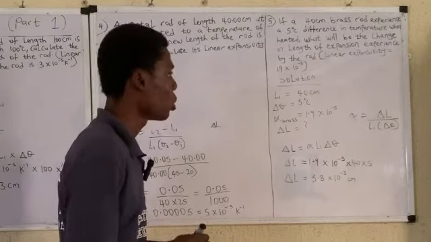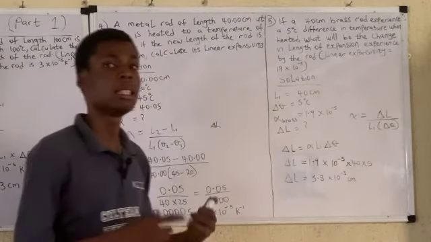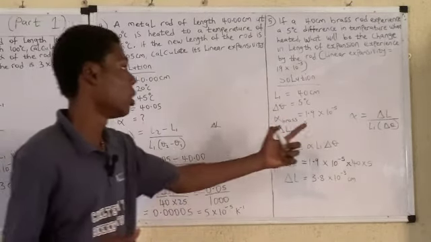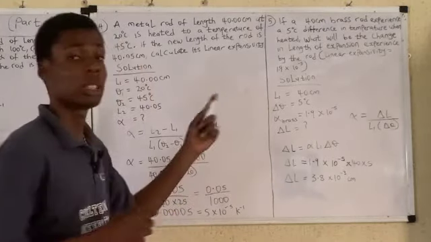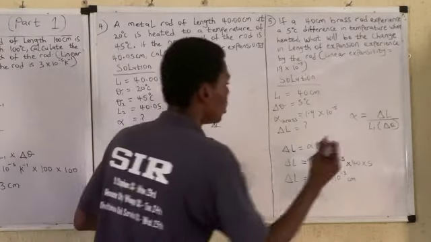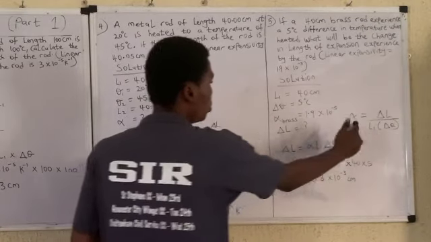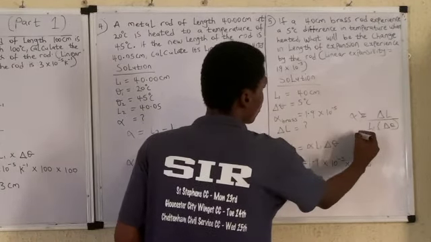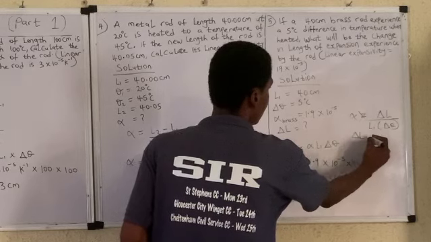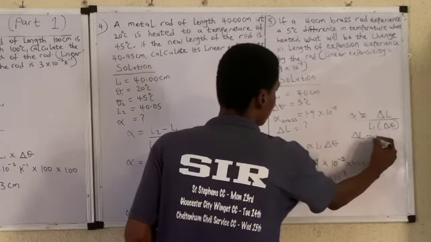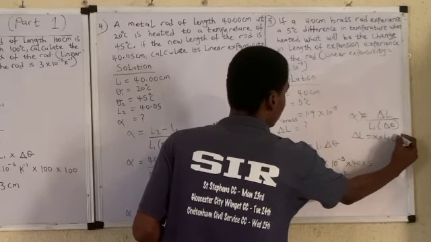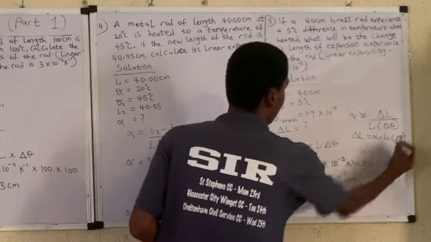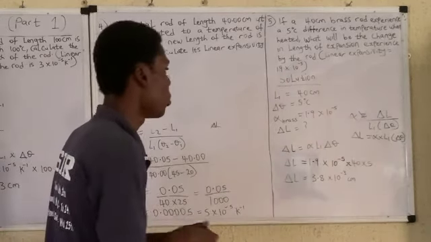Please take note that our angle theta is still the same thing as theta 2 minus theta 1. So that's how we got angle theta. So we are looking for change in length. So what do we do? We cross multiply. So our change in length is equal to alpha times L1 in brackets angle theta.